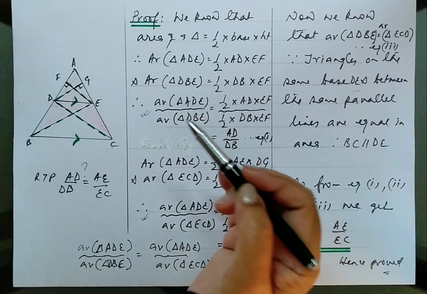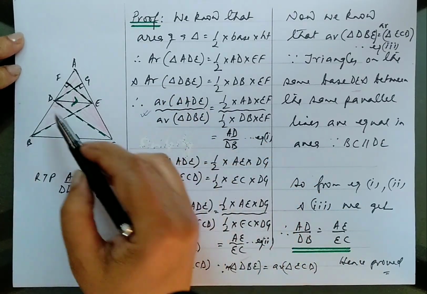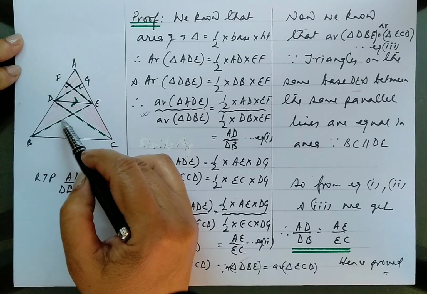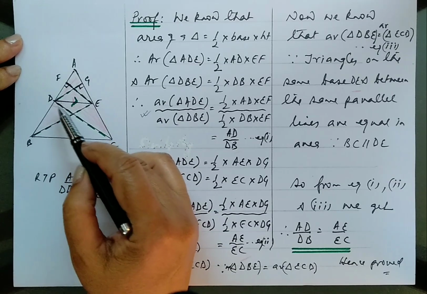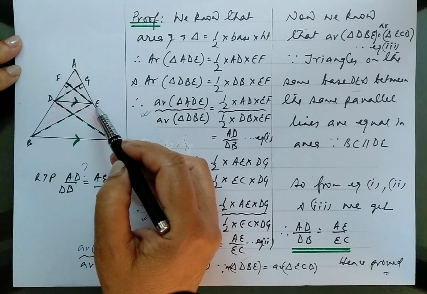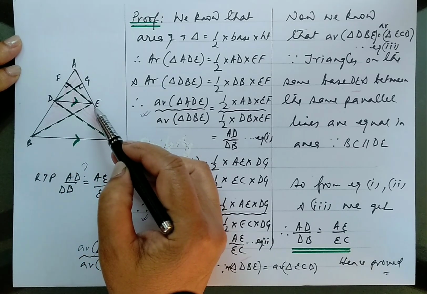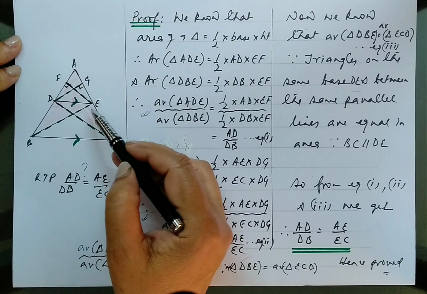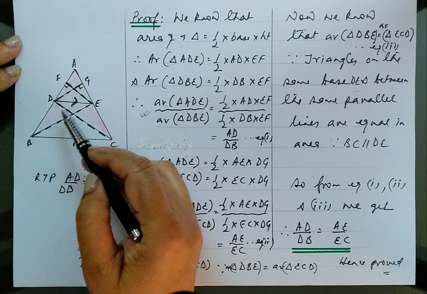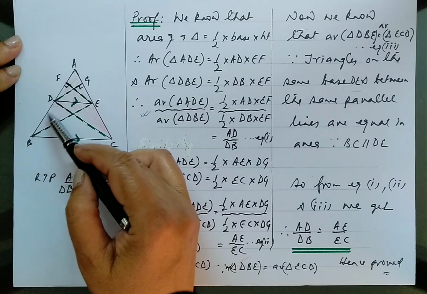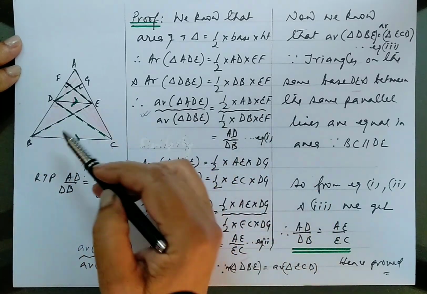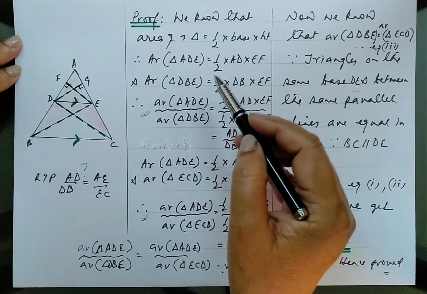Well, let me explain that we could have dropped an altitude here on BE. In that case, we would then have to take BE as the base. But here we want an altitude over BD. This will become clear.